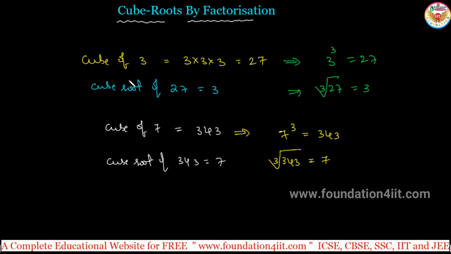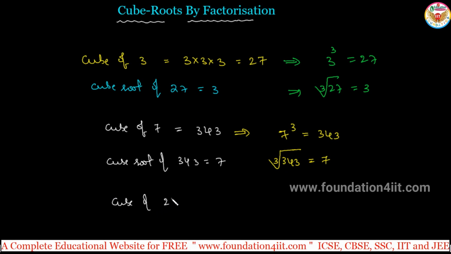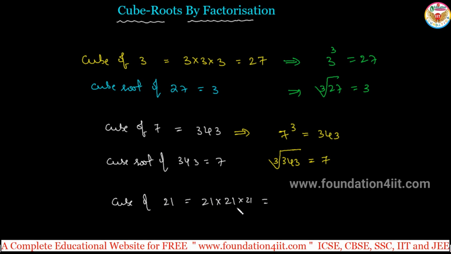Now, the cube we can find because we can multiply the same number 3 times. But how do we find the cube root? For example, if the cube of 21 is asked, just multiply 21 into 21 into 21. But if they ask what is the cube root of 216, or of 1728, to find the cube root of any number we need to use the factor method, or factorization.